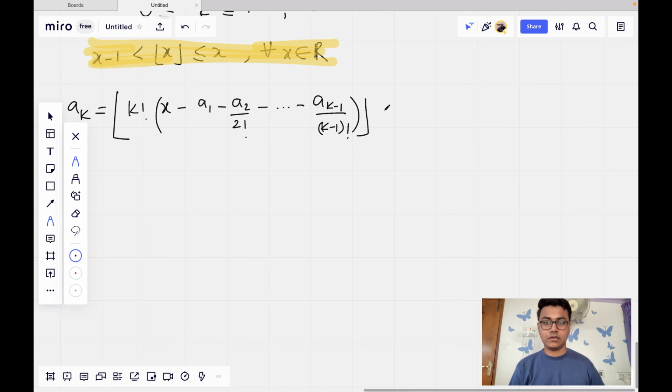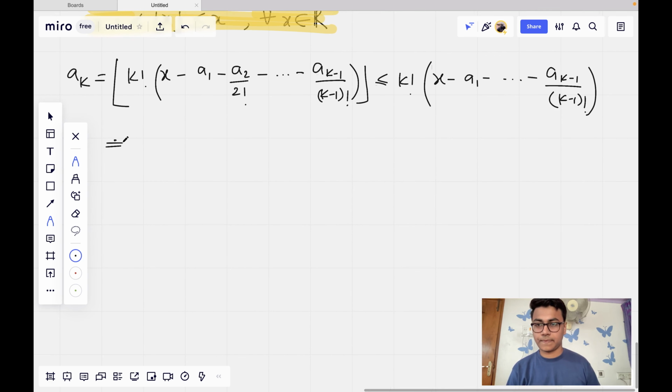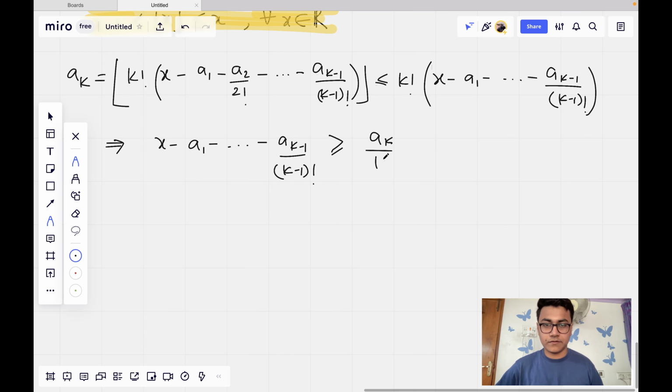Okay, this is less than or equal to, we'll just remove the box, k factorial times x minus a1 minus all the way till a k minus 1 by k minus 1 factorial. This gives us x minus a1 minus till a k minus 1 by k minus 1 factorial. This sum is greater than or equal to ak by k factorial. We are using this and this part.